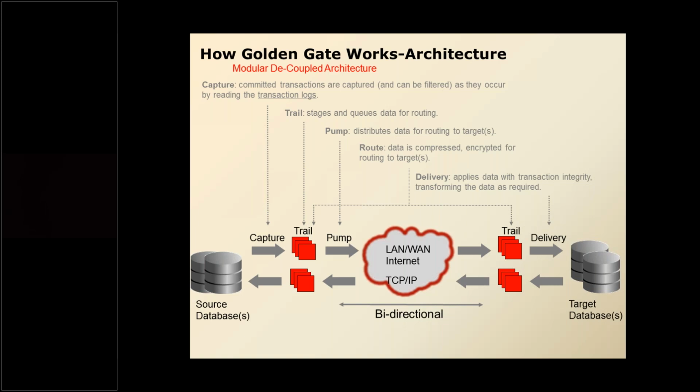Once the transactions are captured by the extract process, it writes them to the local trail. Once the data becomes available in the local trail, the data pump writes those changes over the TCP/IP network to the remote trail. Once the data becomes available in the remote trail, the delivery or replicat process writes the data to the target database. So these are the processes involved in Goldengate, and each process, again I repeat, has a source to read from and a target to write to.